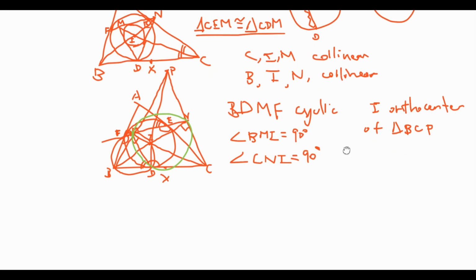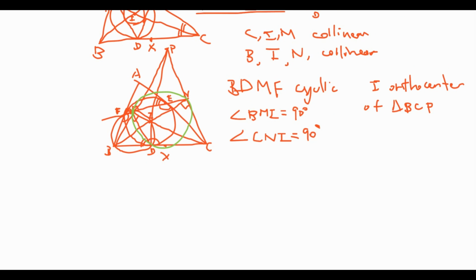And for those of you who don't know what the 9-point circle is, it's basically if you have a triangle and if you mark the midpoints of the sides, the feet of the altitudes, and also the midpoints of the segments AH, BH, and CH, i.e. the segments from the vertices to the orthocenter.